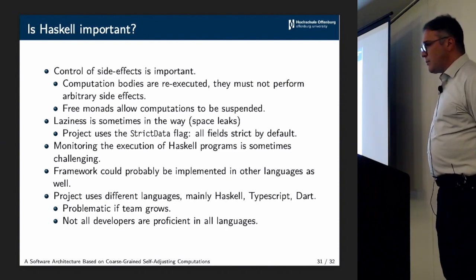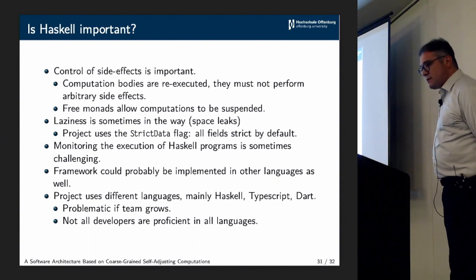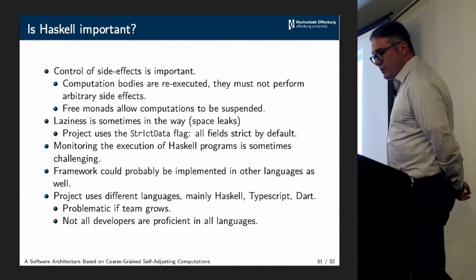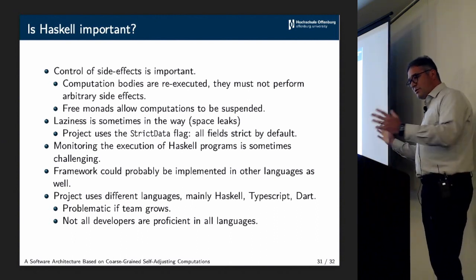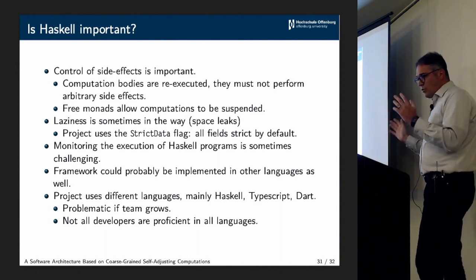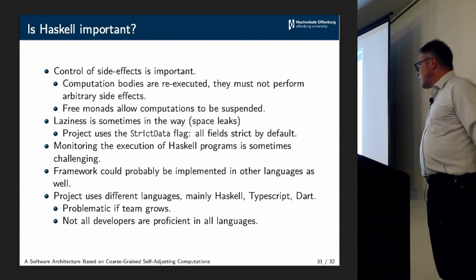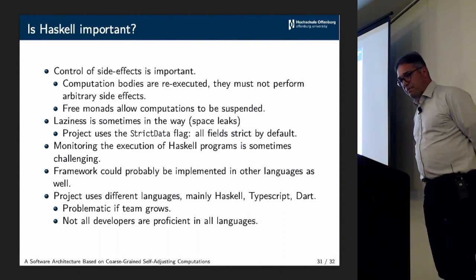Laziness in Haskell is sometimes in the way. I mean, we all know space leaks triggered by too lazy data are a problem. So at some point in the project, we decided to use the strict data flag. So in the whole project, all fields of all data types are strict by default. There are some data types which are explicitly marked as lazy, but not very many.